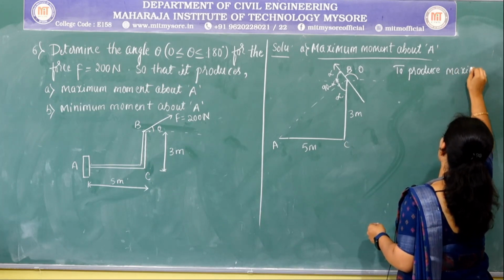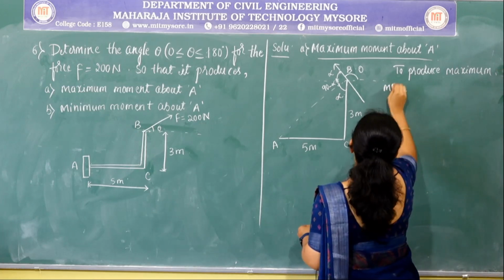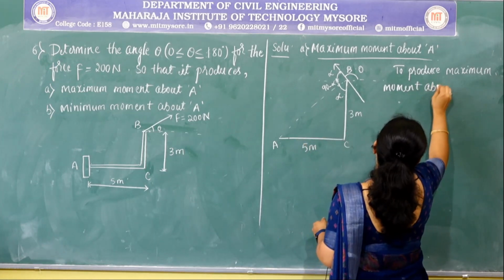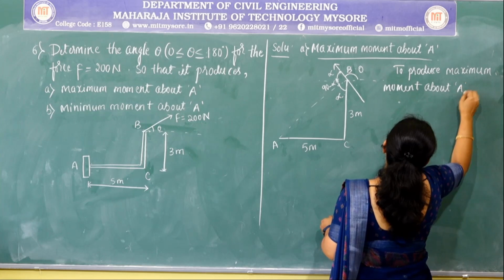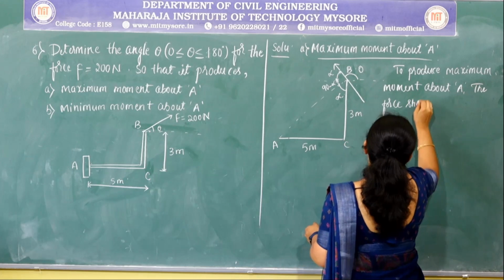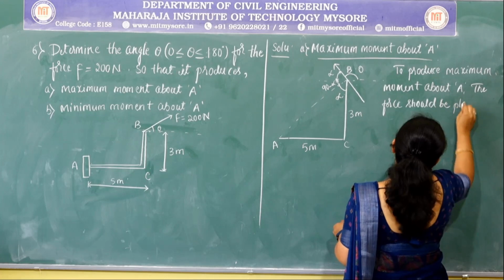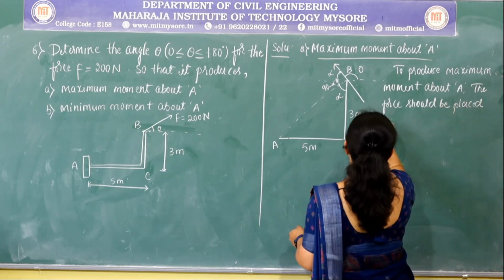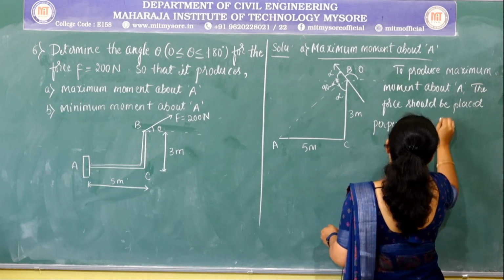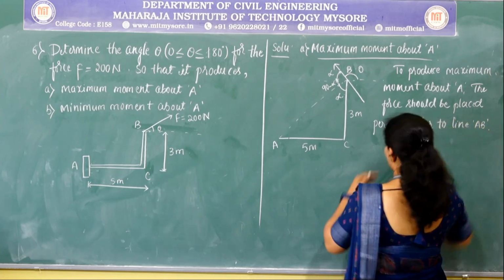For maximum moment about A, the force should be placed perpendicular to the line AB.